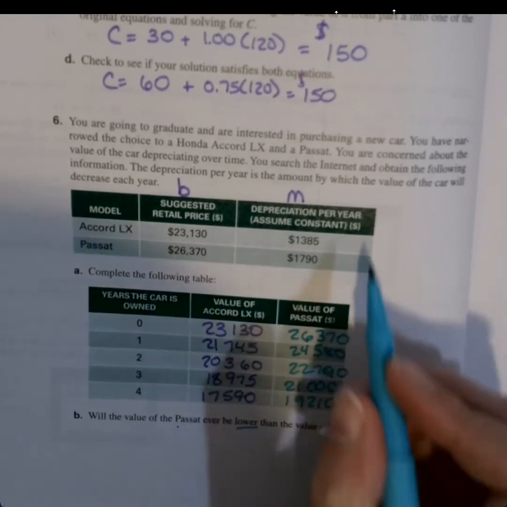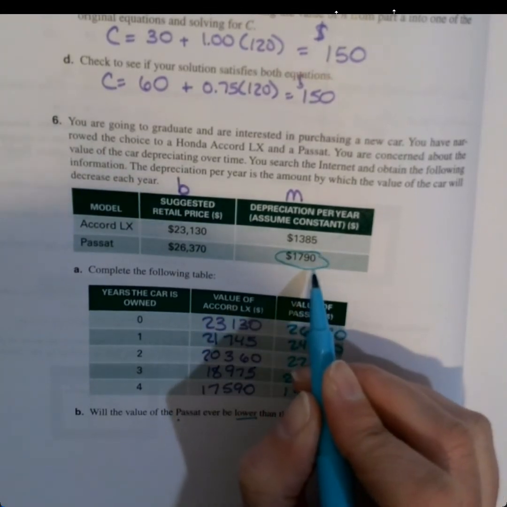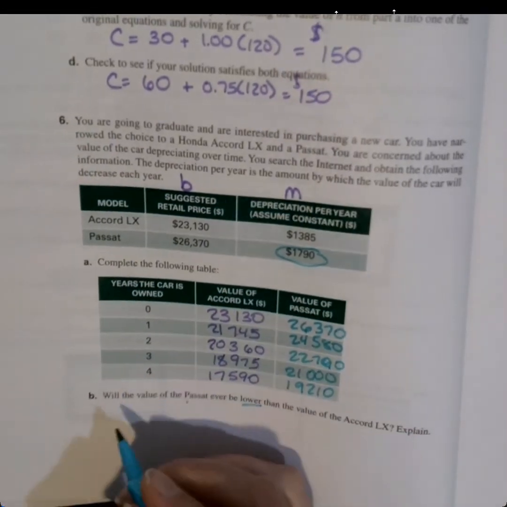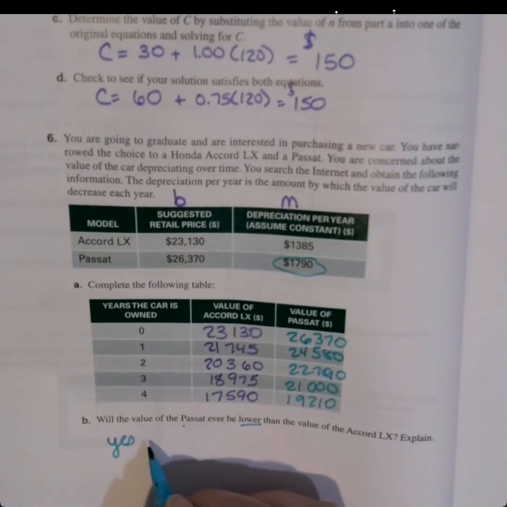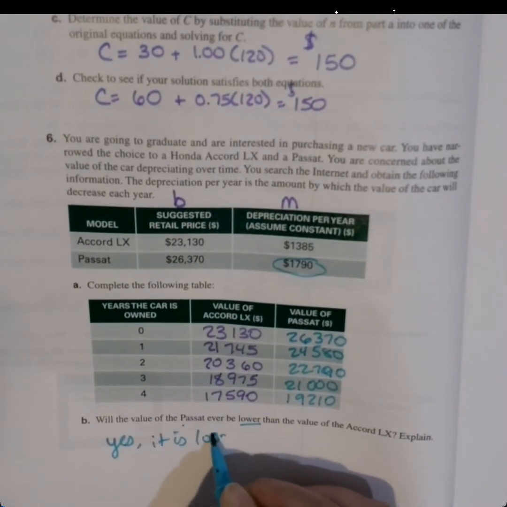And the Passat is losing value a little more quickly because it has a higher value for slope.